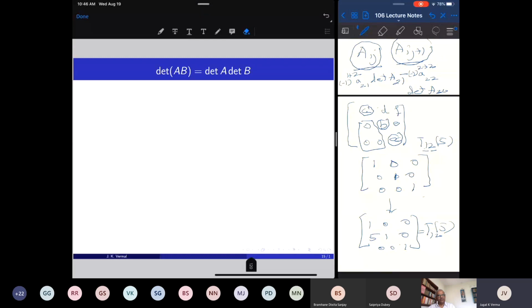Now, if you use a formula to prove this, you can say, okay, let us prove this for 2 by 2. The determinant of x, y, z, u is xu minus yz.